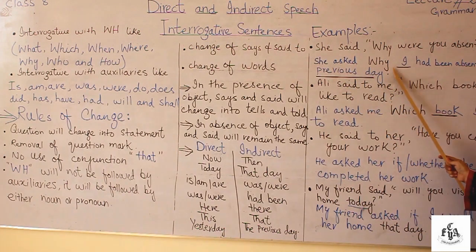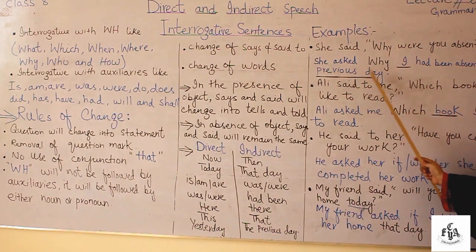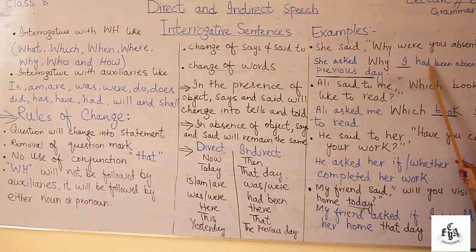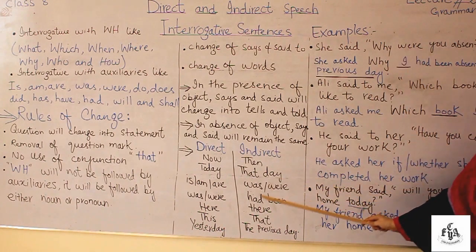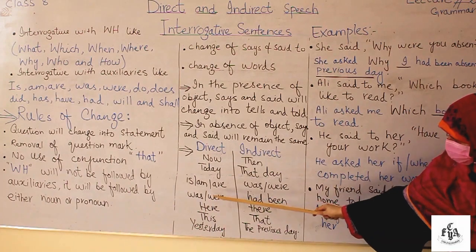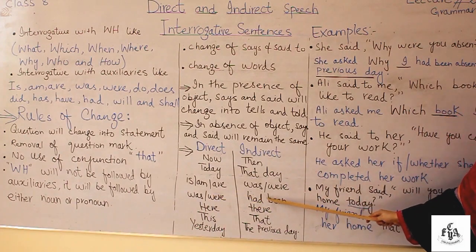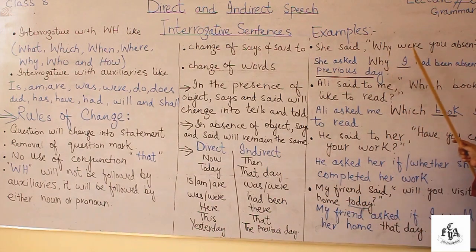She asked why I had been absent the previous day. Now I have underlined I here, and you can also see that I have mentioned that was and were will always change into had been. The same is here: the second person pronoun will change according to the object, and in the absence of an object it will change into I, and that were is given.